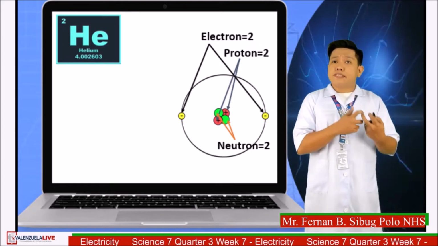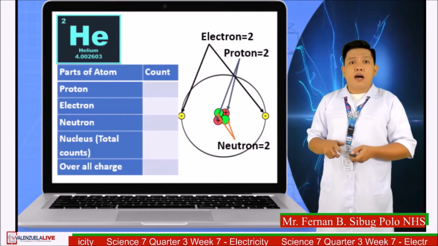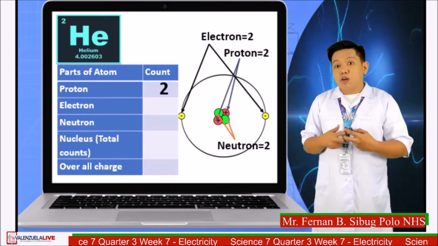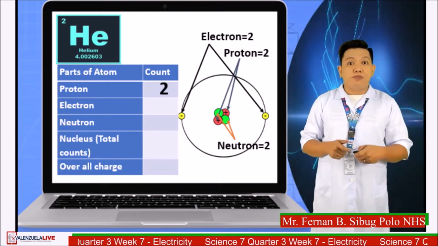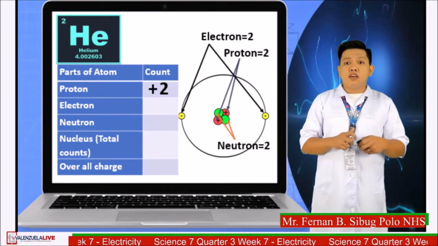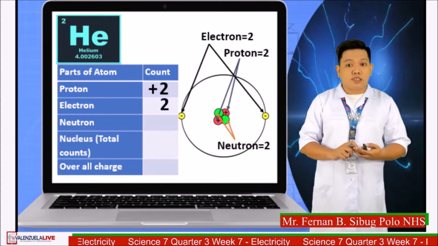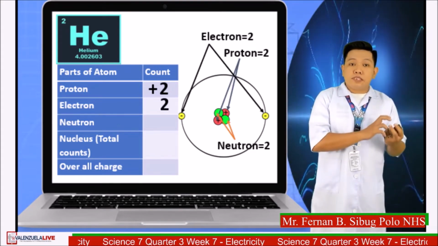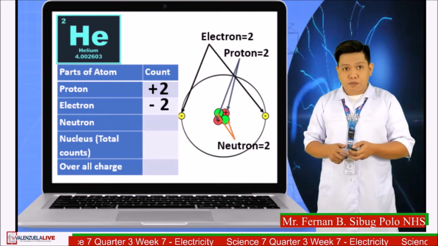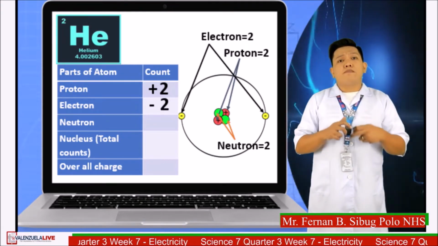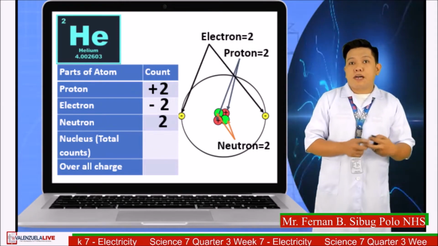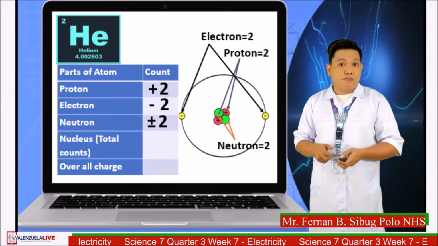For our example, helium has 2 protons that are positively charged, and so we will put a positive sign before the number. Aside from the 2 protons, helium also has 2 electrons. A negative sign is to be written to denote the charge of the electron. Helium also has 2 neutrons, which is neither positive nor negative.